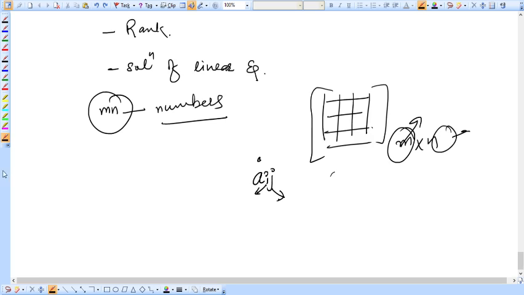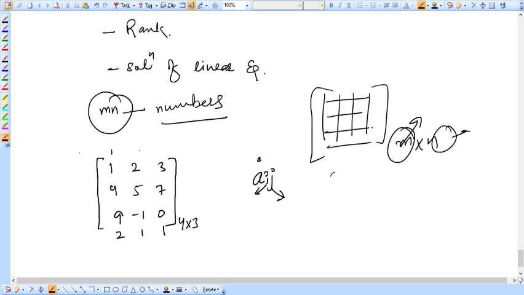For example, if I take a matrix of order 4 by 3, it means this matrix has 4 rows and 3 columns: 1, 2, 3, 4, 5, 7, 9, minus 1, 0, 2, 1.